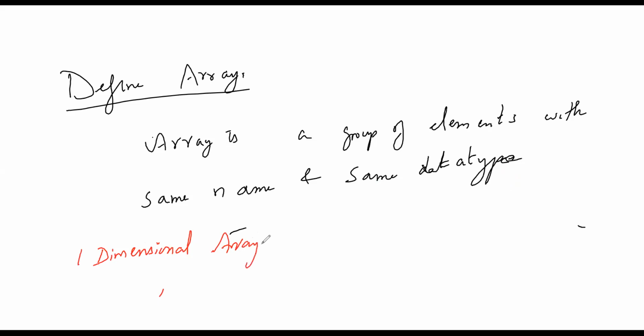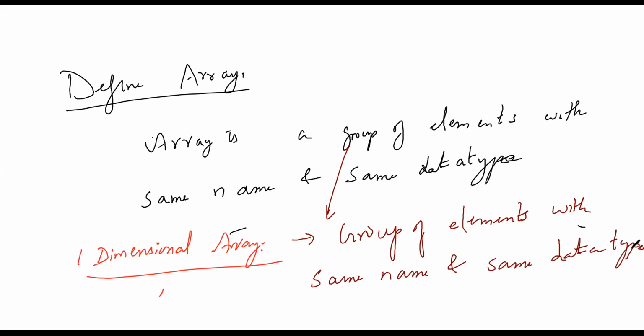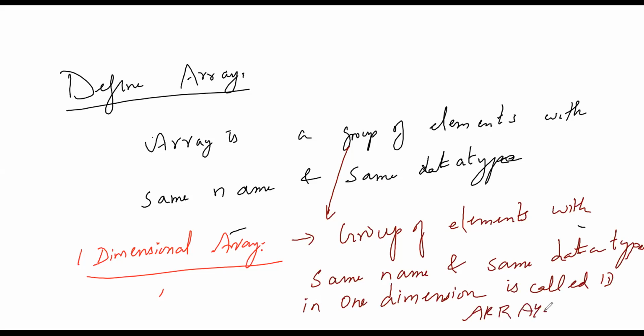So I want you to write exactly the same thing: group of elements with same name and same data type, in one dimension, is called one-dimensional array, 1D array. Is it clear?